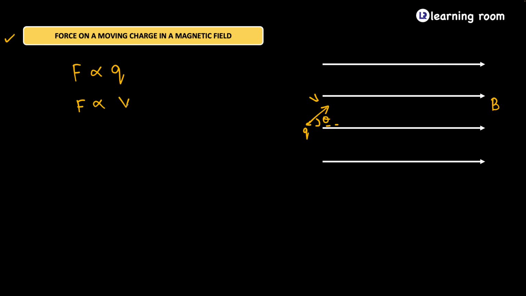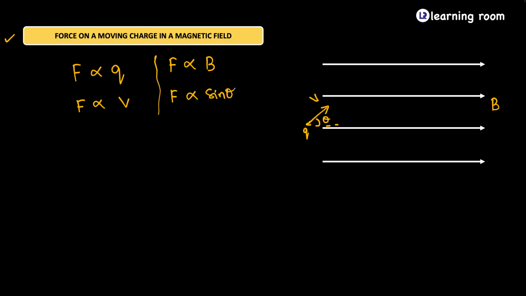It is also directly proportional to the magnetic field strength into which it is projected, and to the sine of the angle between the velocity vector and the magnetic field vector. If you take the angle between them to be theta, then force is dependent on all these four quantities, in a directly proportional way.